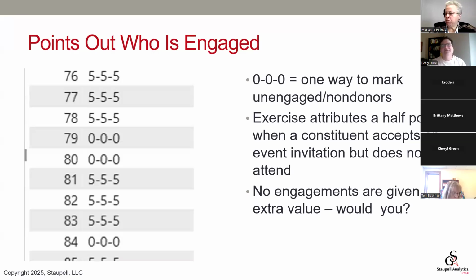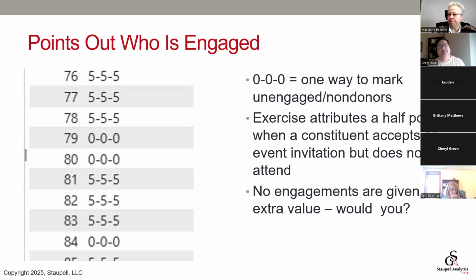Well, you can just blip those out by excluding 000. You can't exclude 111, because you might exclude some donors, but if you only mark non-donors as 000, it's a lot easier to identify the people who are non-givers.